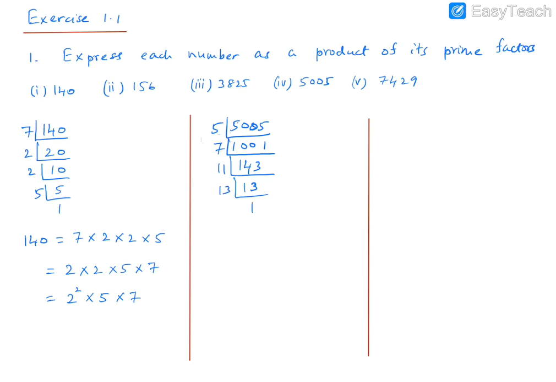So now we can represent 5005 as a product of its prime factors as 5 into 7 into 11 into 13. If you multiply this, you will see that you get 5005.